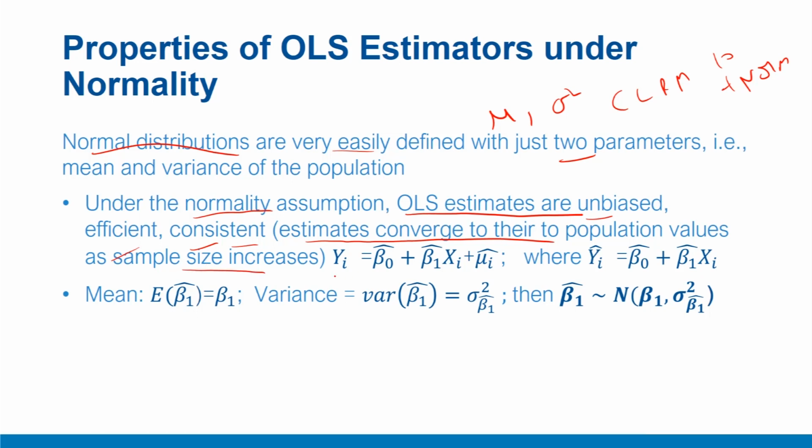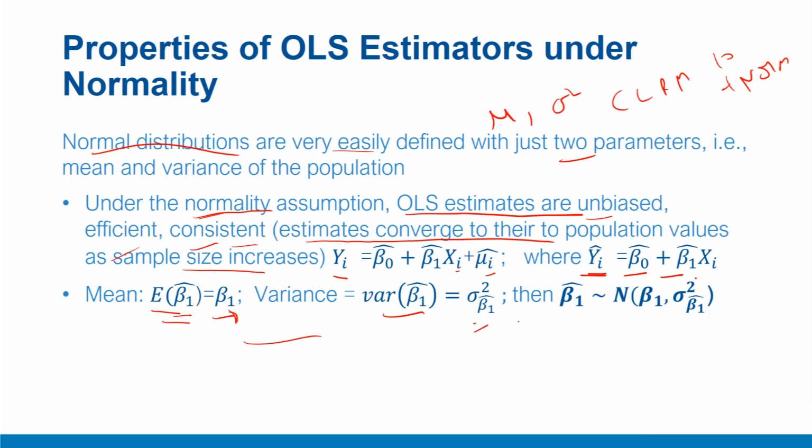The model, as we have already seen, is yi equal to beta naught hat plus beta 1 hat xi plus μi hat. Here the predicted values of yi are written as yi hat, which is beta naught hat plus beta 1 hat into xi. Now please note, it is assumed that the expected value of beta 1 hat is the same as the population parameter, because if these assumptions hold, then the expected value of beta 1 hat is the same as beta 1 and the variance of beta 1 hat is sigma square beta 1 hat.